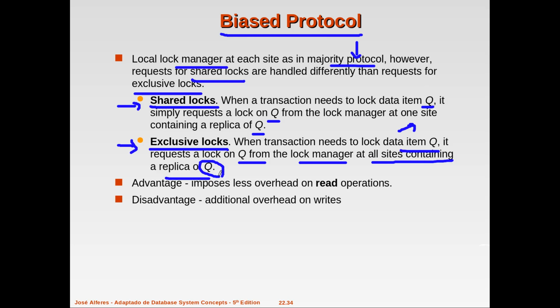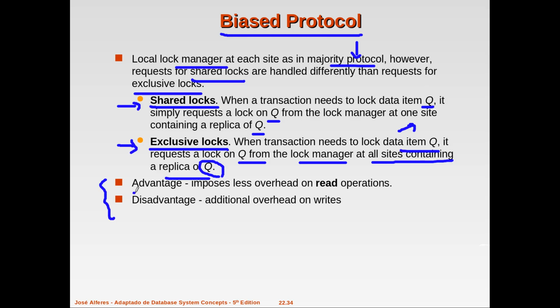That is called the biased protocol. That means the exclusive lock or write operation will be given more priority than the read lock or shared lock.